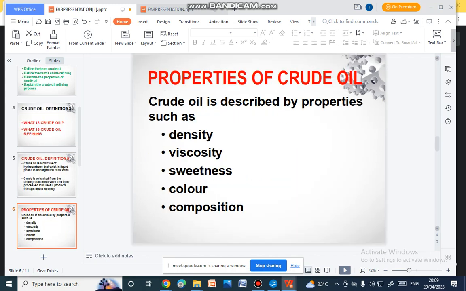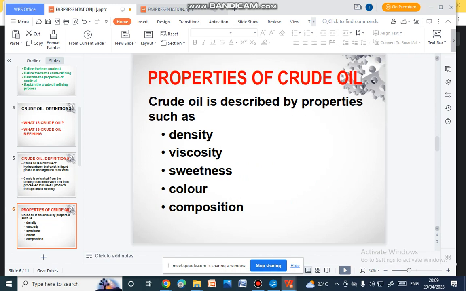After looking at the definitions of what is crude oil and what is crude oil refining, let us now look at the properties of crude oil. Class, it is good to remember that crude oil that comes from different places of the world is different in characteristics.